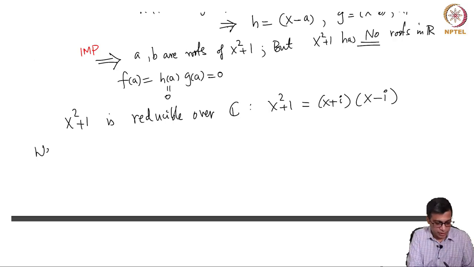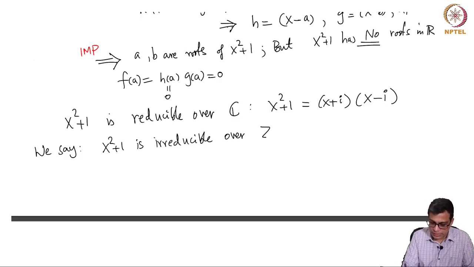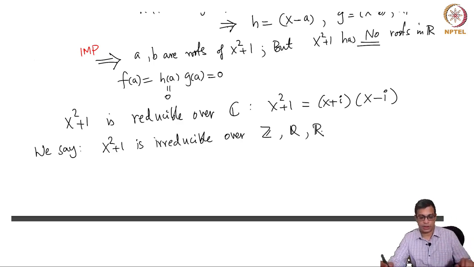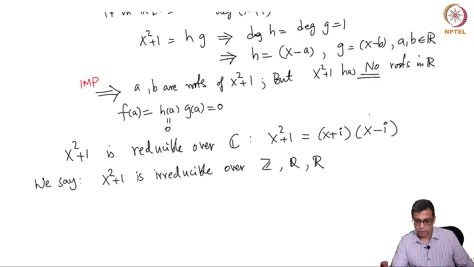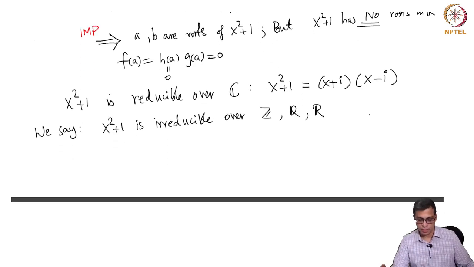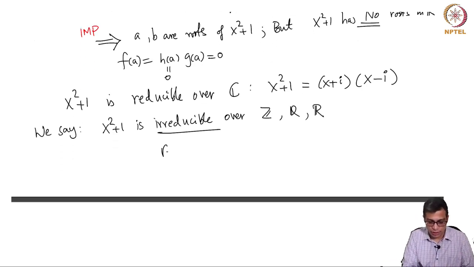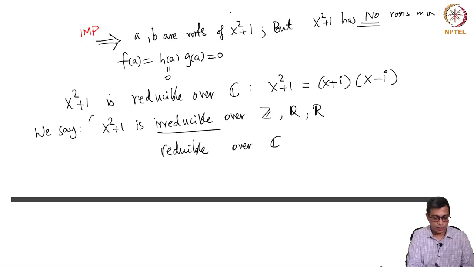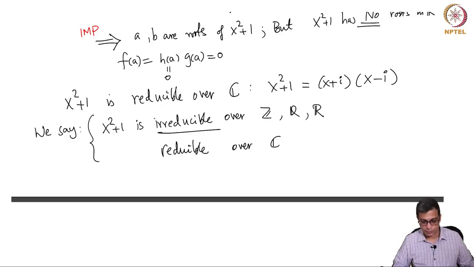The terminology is that we say x squared plus 1 is irreducible over Z, Q, R, because the same logic that I gave here, that it doesn't have roots in R, obviously implies that it doesn't have roots in Q as well as in Z. So it is irreducible over those, but it is reducible over C. This is the terminology that we want to follow.